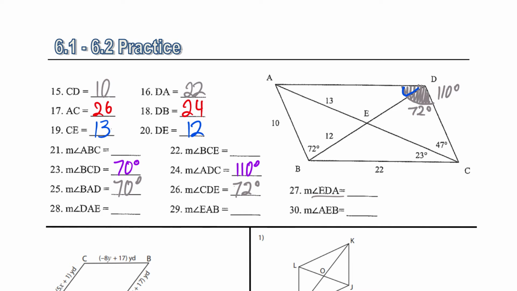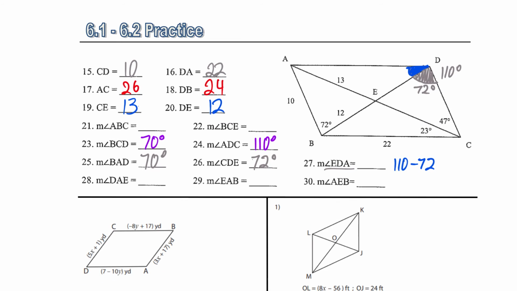So if I'm looking for this one, what am I going to do there? Just do 110 minus 72. What does that give you? Gives you 38. All right, 72, 38.